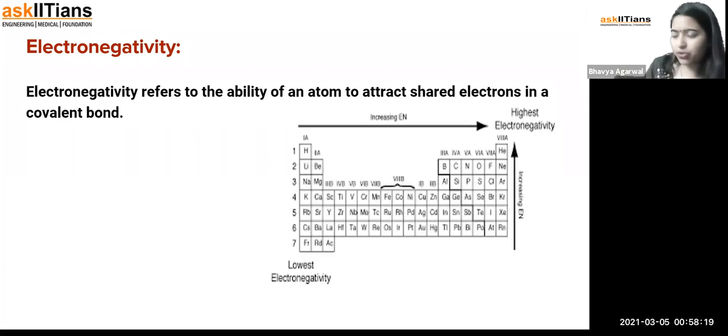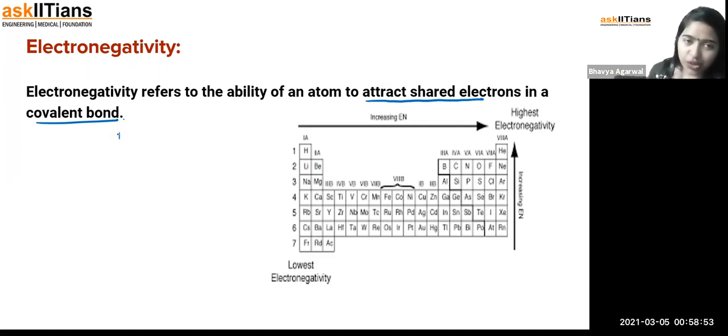So we already know the trend that nonmetals have a tendency to pull the electrons more, and that is why it increases along the period and decreases down the group. Because along the period, the non-metallic character increases, but it decreases down the group. So electronegativity also decreases. But what do you mean by the term attract the shared electrons? So basically, you know about a covalent bond, right? So what you have done probably is about H2, N2, and those kind of simple cases.